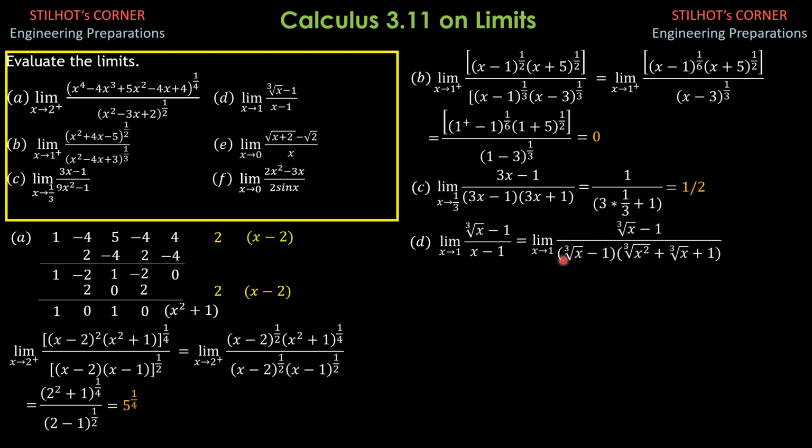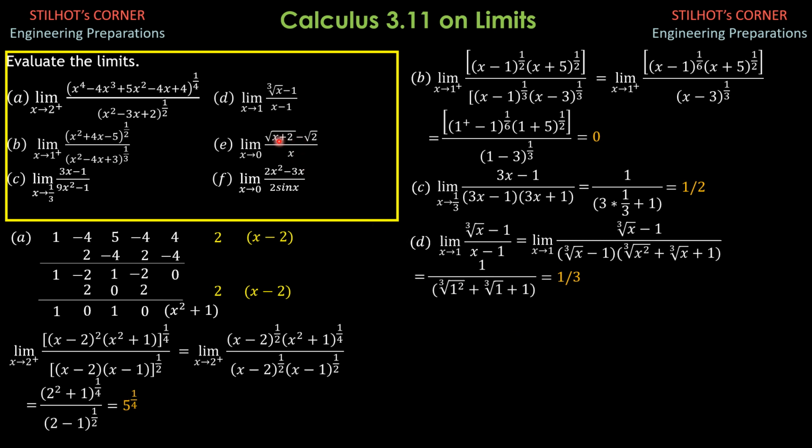Then it is now safe to substitute 1 because the denominator does not approach 0 anymore. So that would be 1 over cube root of 1 squared plus cube root of 1 plus 1. Cube root of 1 squared is 1, cube root of 1 is 1, plus 1, so 3. Therefore, the limit is 1/3.